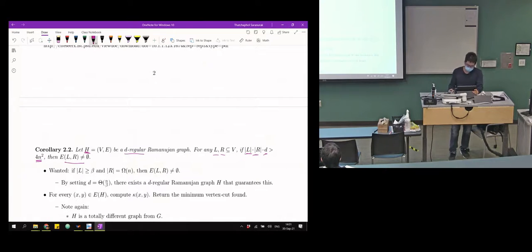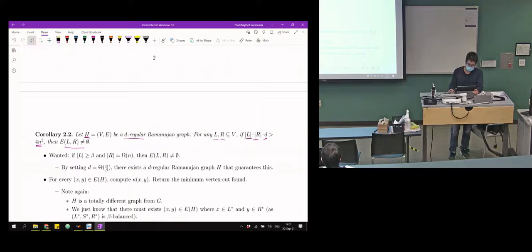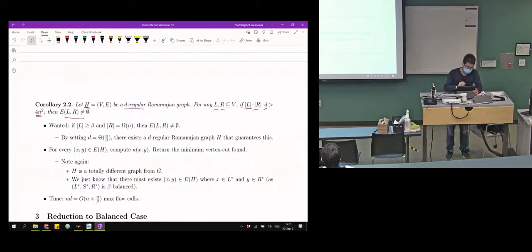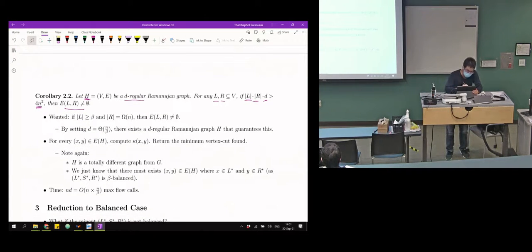In our situation, we want that if L is bigger than beta and R is O of n, there should exist an edge of H between these two sets.